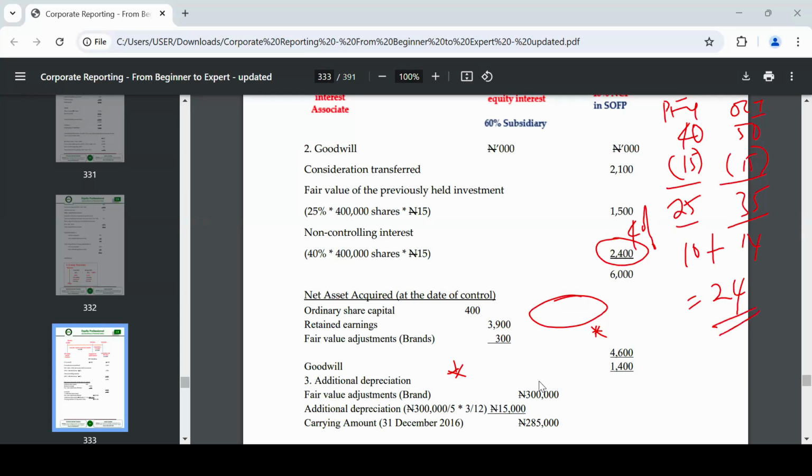Now, that was how they got that 24. That 24, you're simply adding it to the fair value of their investment. That's how they got 2,424 as the NCI.